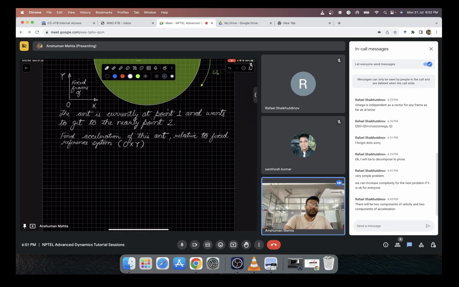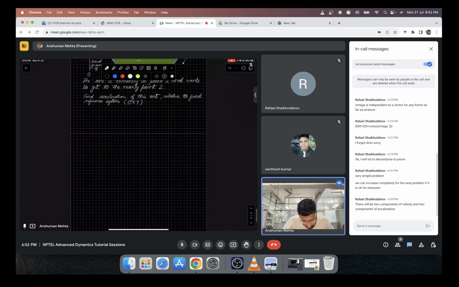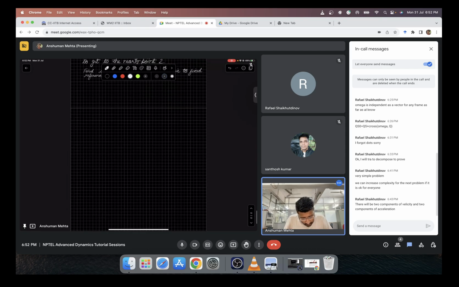Now there are different methods. One is by which we can say that point C is at, so we can make one diagram. Let me make that diagram.